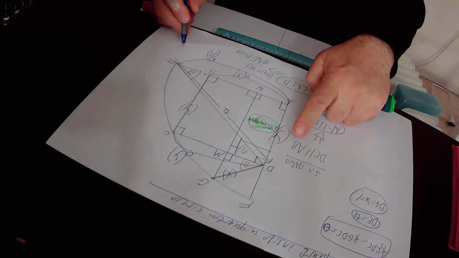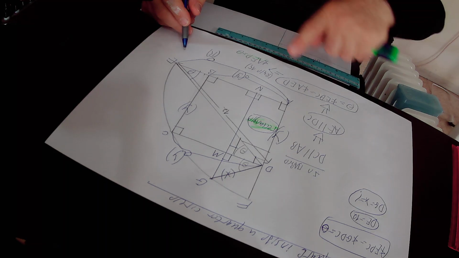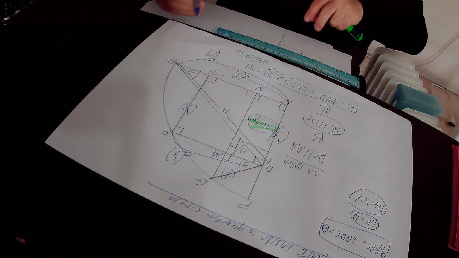The hypotenuse DE of this right triangle ADE equals 12 units in its length, according to what is given in the question.